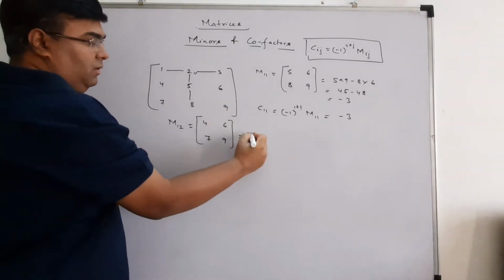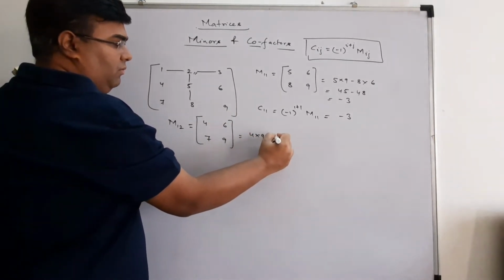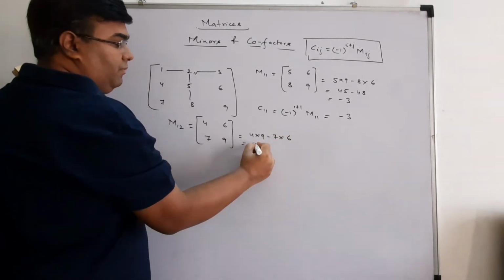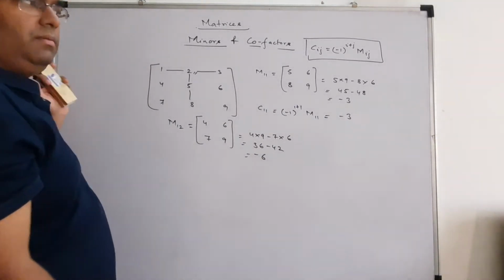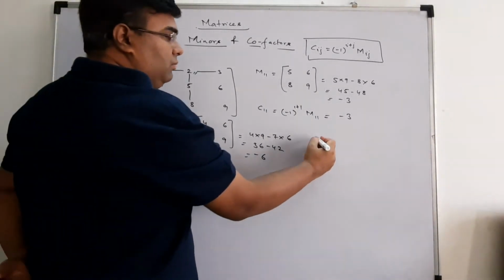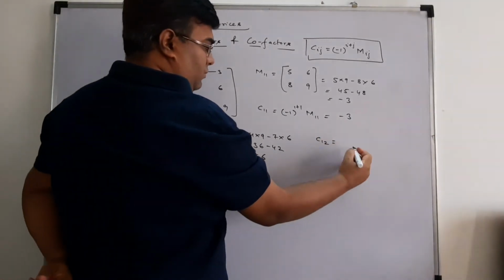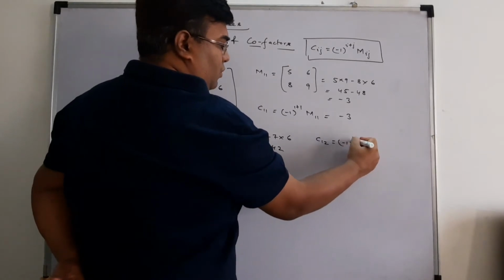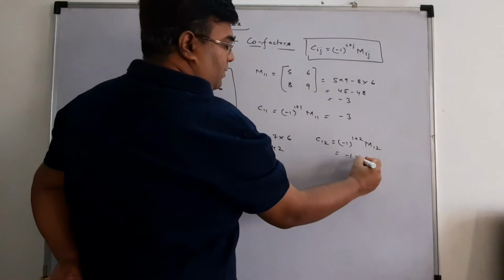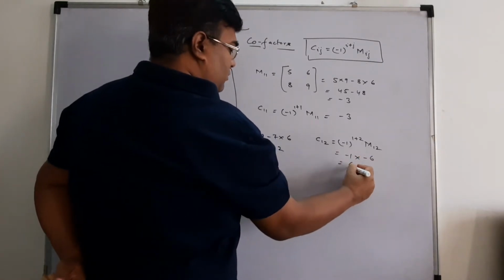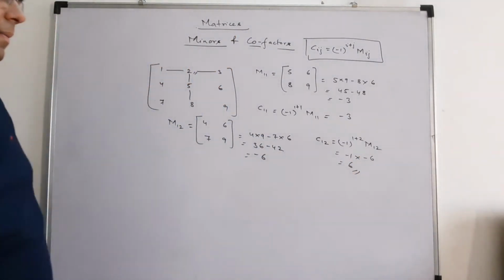The value of it is minus 6. What will my C12 be? Minus 1 raised to 1 plus 2 times M12, which is minus 1 multiplied by 6. Simple.